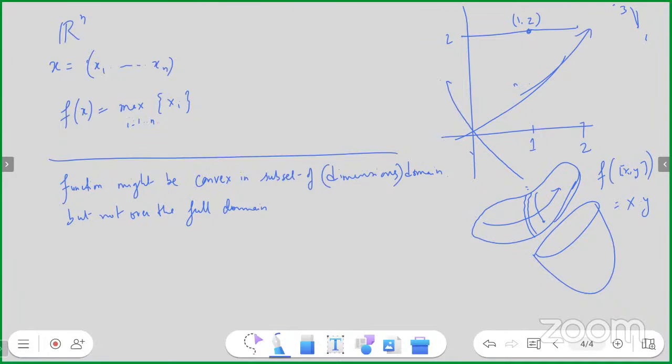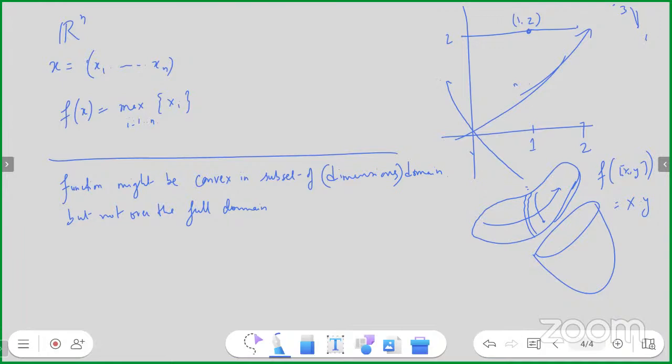Now we have to look around. You want it to go up, but what will actually happen? All sorts of things will happen. So if you move from x equal to y in a direction where y increases more than x, what happens?